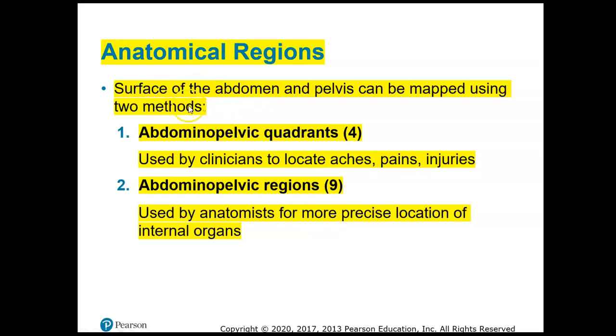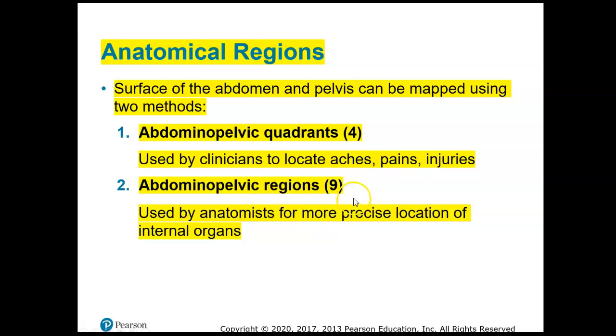So we've done the anatomical regions, and then we can also map the abdomen and pelvis using abdominopelvic quadrants. There are 4 of those. They are used by clinicians to locate aches, pains, and injuries. And then the abdominopelvic regions.